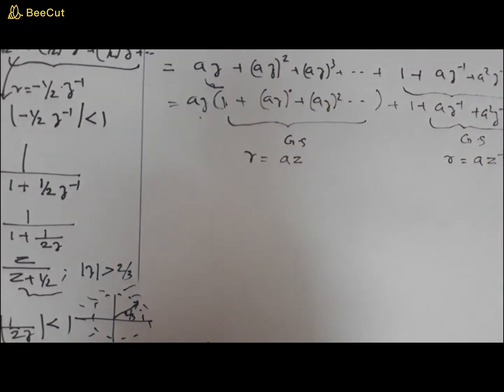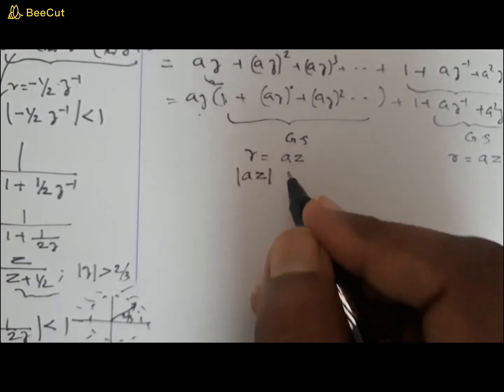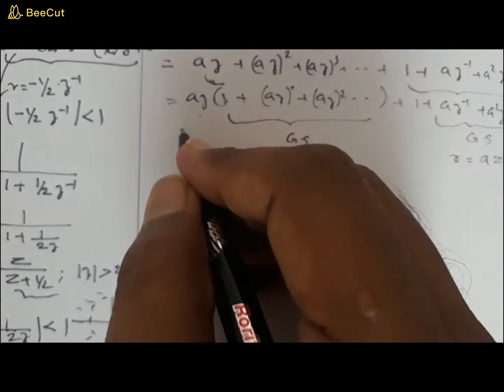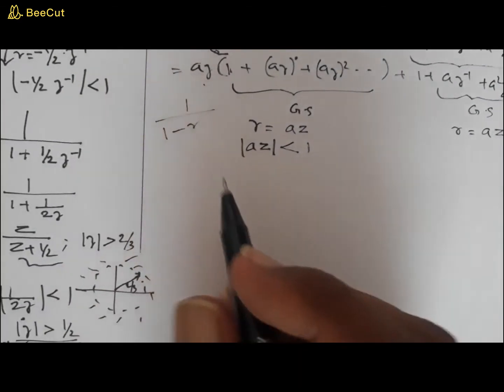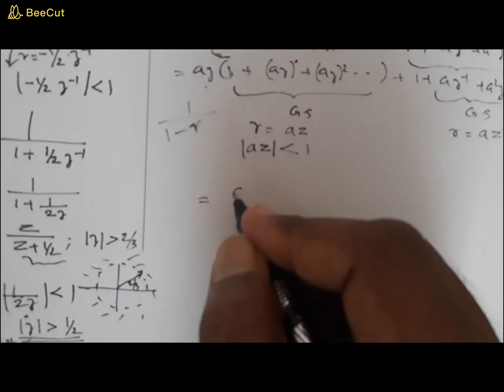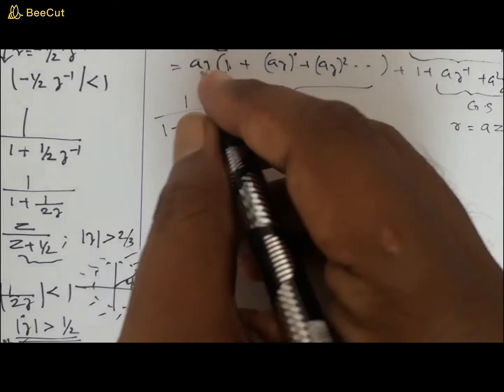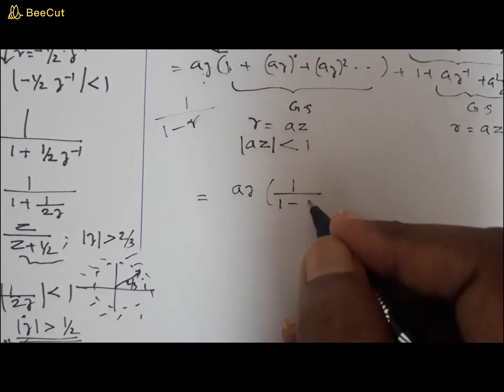Now if you assume modulus of a z is less than 1, as I told you earlier, the sum converges to 1 by 1 minus r, where r is the common ratio. So this part becomes a z, there is an a z here, a z into 1 by 1 minus a z.